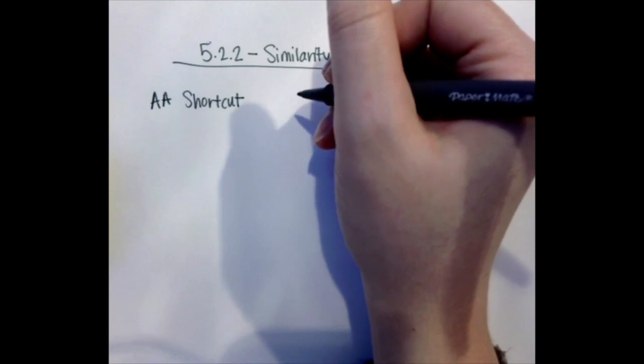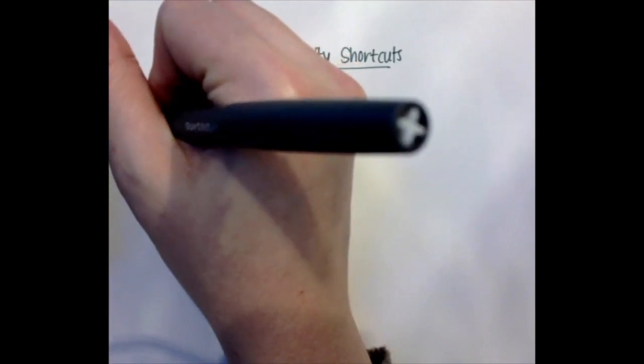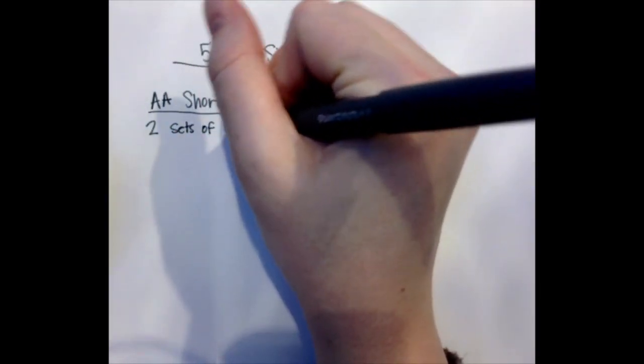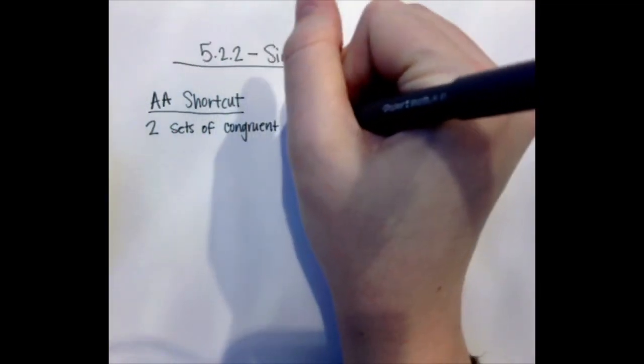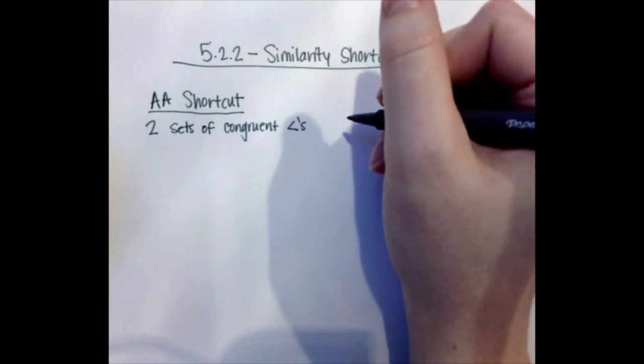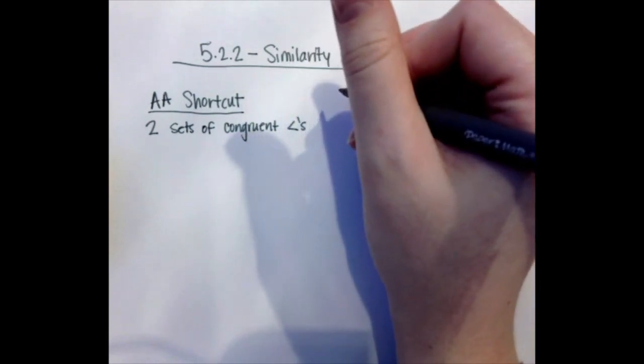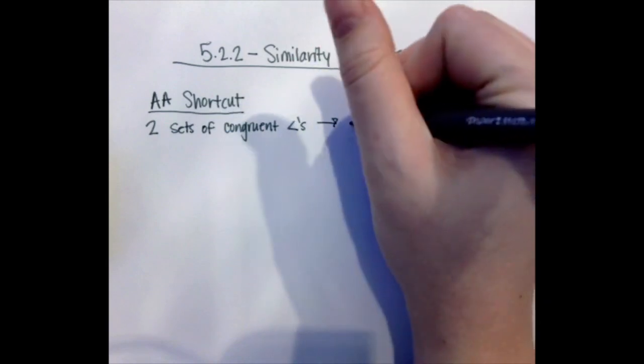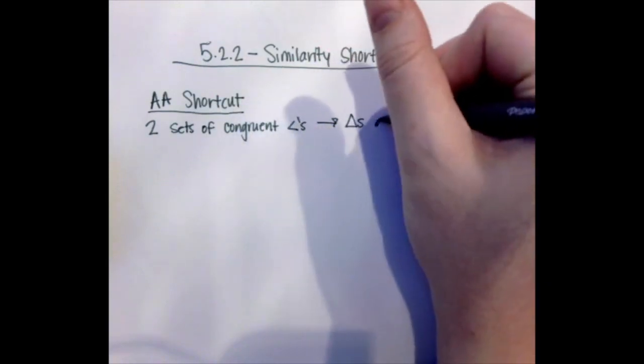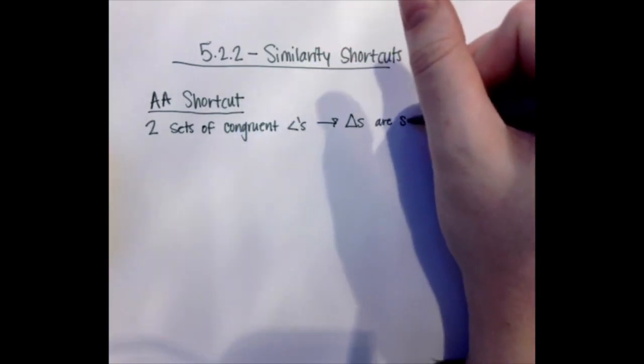And so the angle-angle shortcut means that if we have 2 sets of congruent angles, then the triangles are similar.